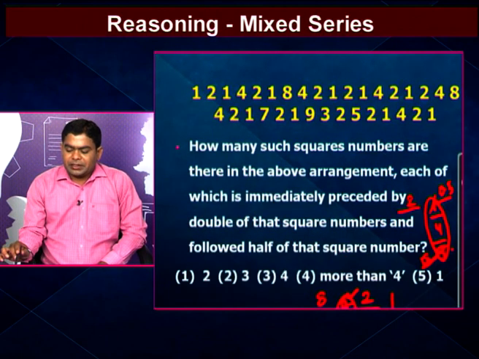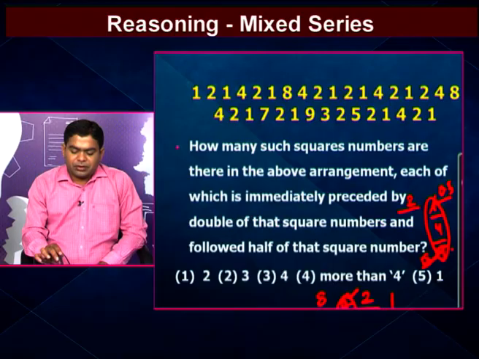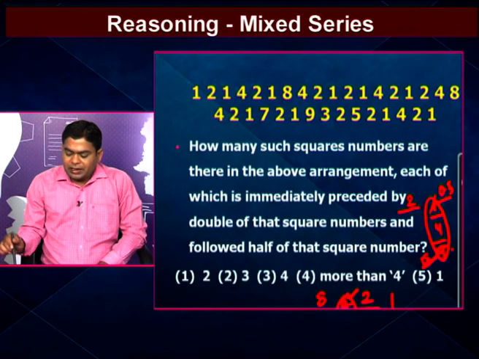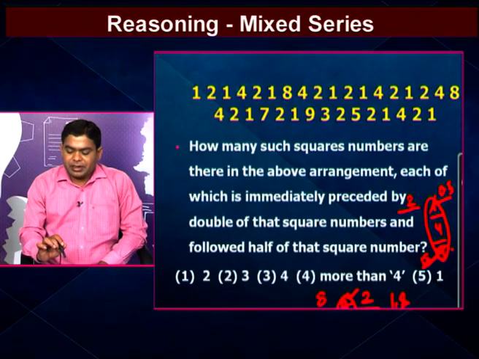After that we go to the next 4. Here 4 is there, not preceded by double of that number. After that we go to the next 4. It is preceded by double of that number and followed by half of that number. That means another 4 is there. At present 2 4s satisfy the given condition. After that we go to the next 4, but there is no preceding double of that number.